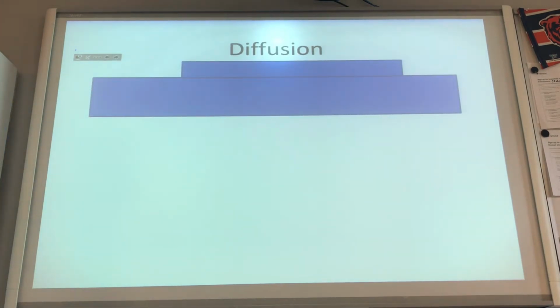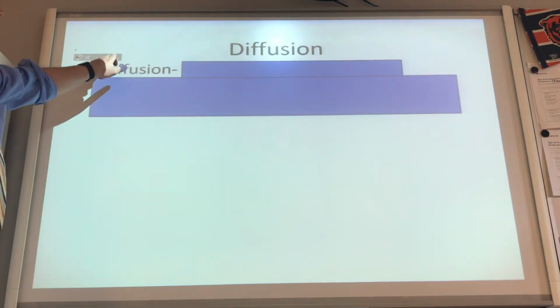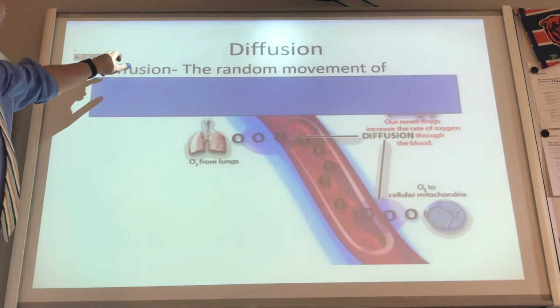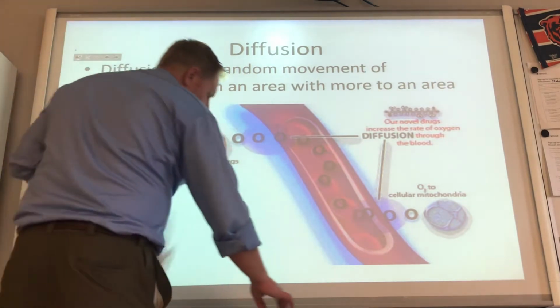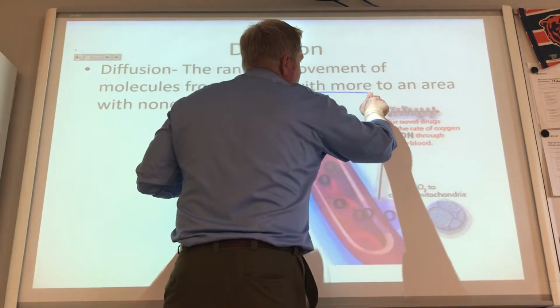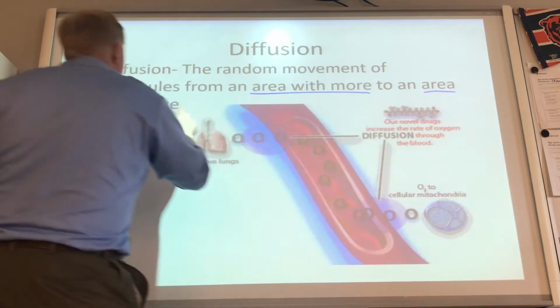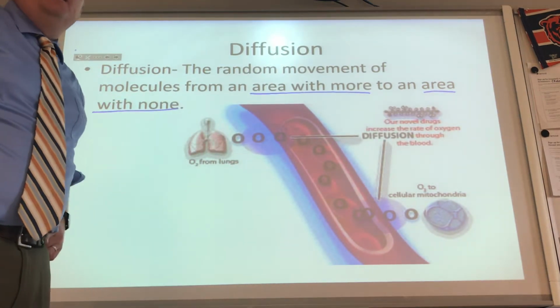Then there's another process called diffusion. Diffusion is the random movement of molecules from an area with more to an area with none. This is how you get oxygen.